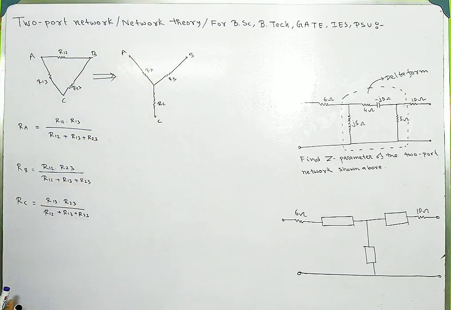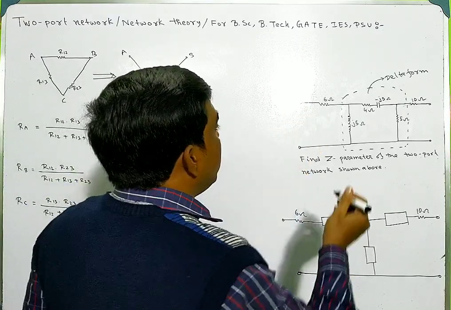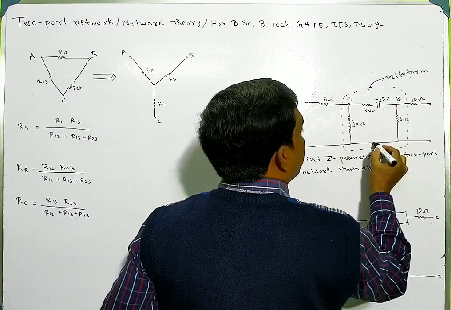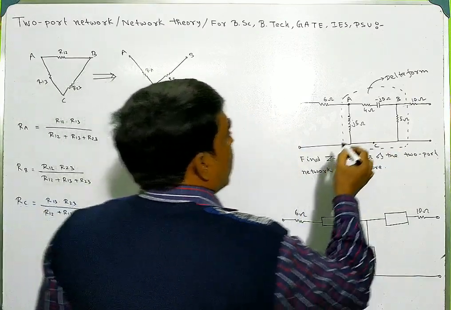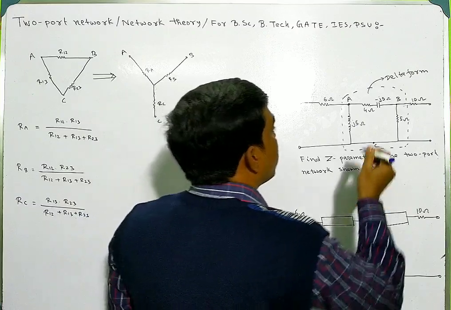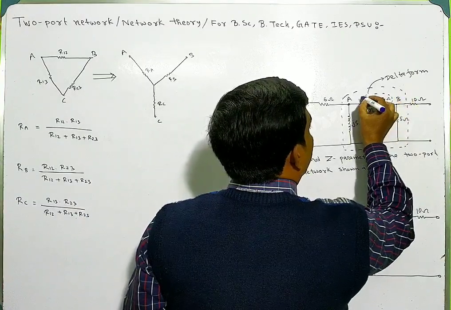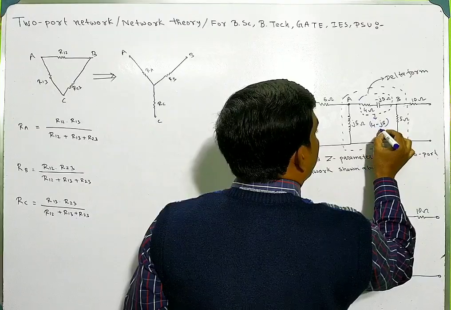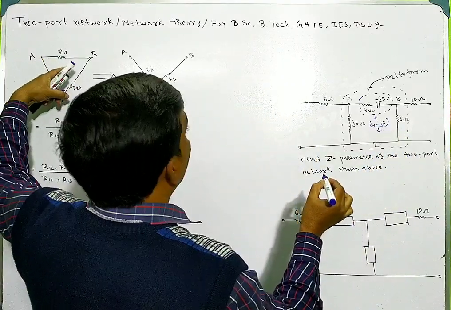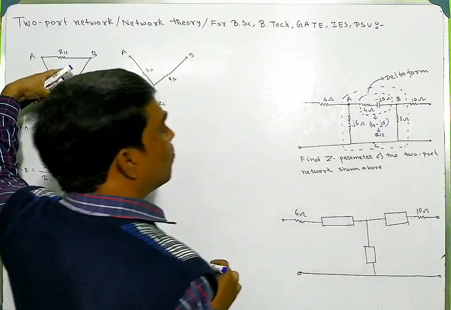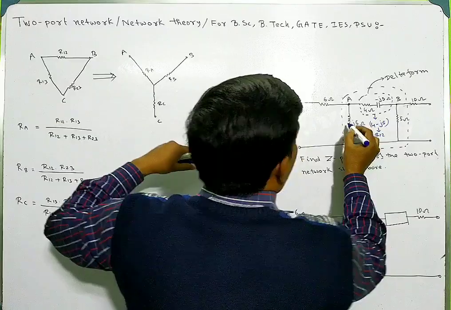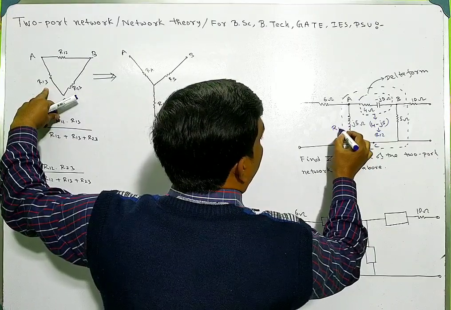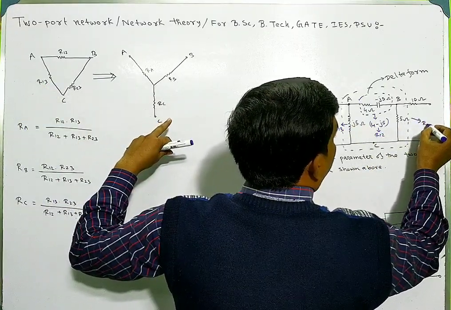Okay, now in this network, suppose this is terminal A, this is terminal B and this is terminal C. So this is a resistance, this resistance is 4 minus J5, this is called R12, okay, and this is J5, so it is C, it is called R13, and this is called R23.